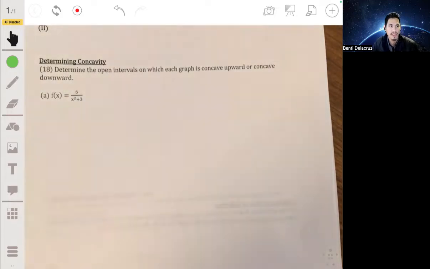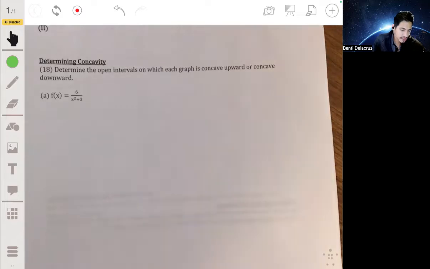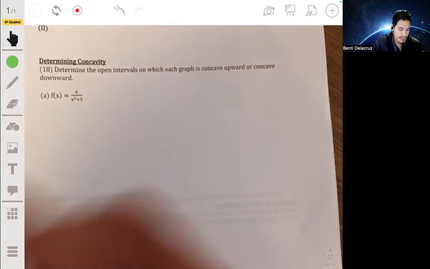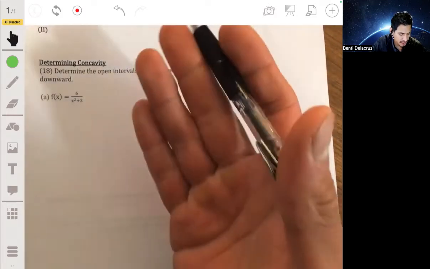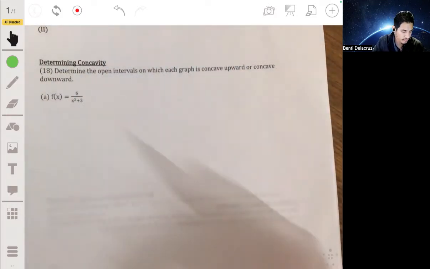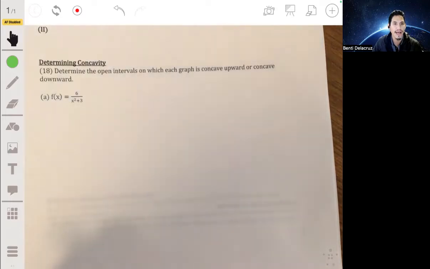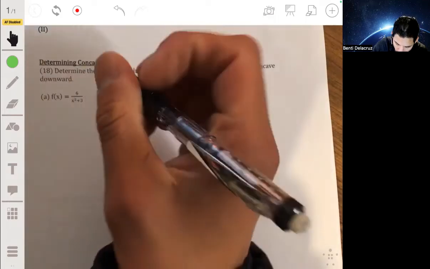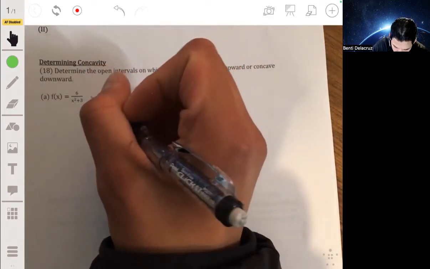So what we want to do is essentially study the second derivative. We're going to figure out what the second derivative is, find the critical values or the zeros of the second derivative, and break our interval up at those values and see what's going on with the sign of the second derivative. So going through this.